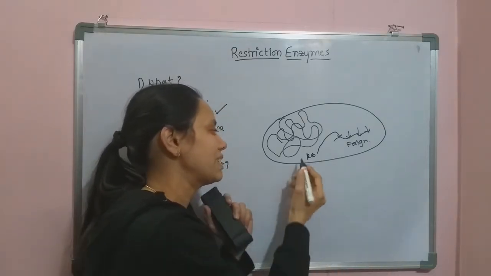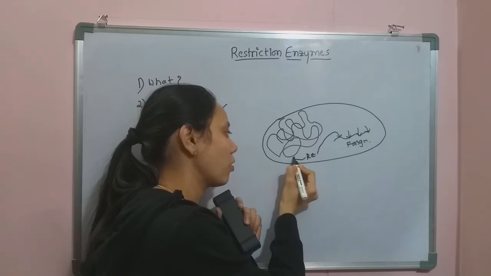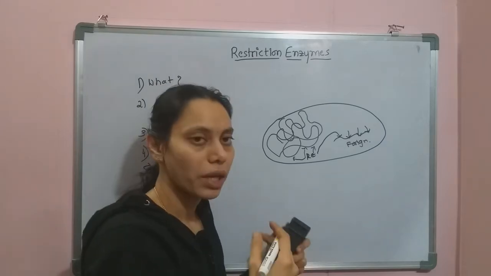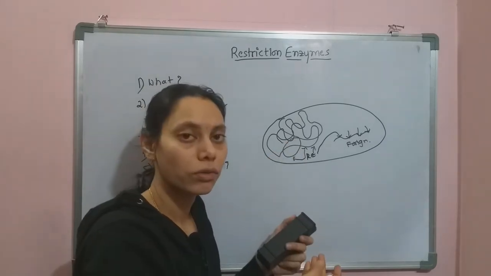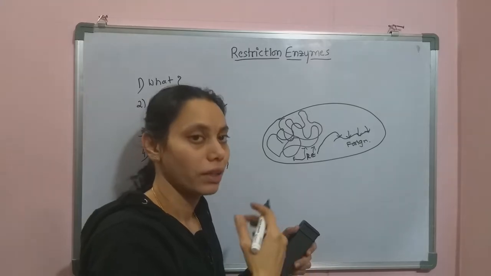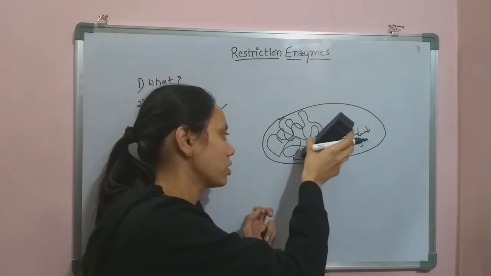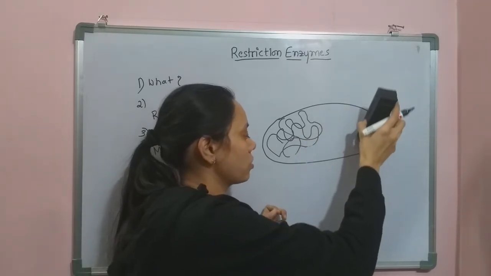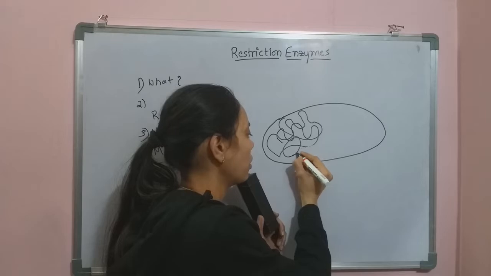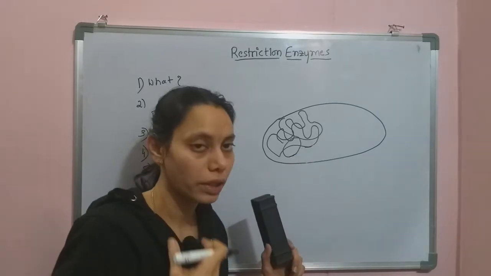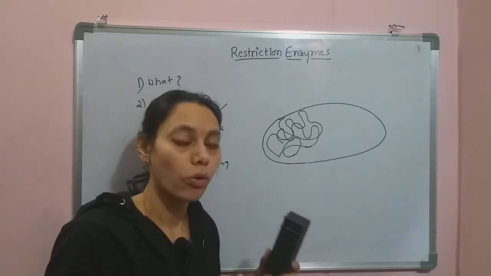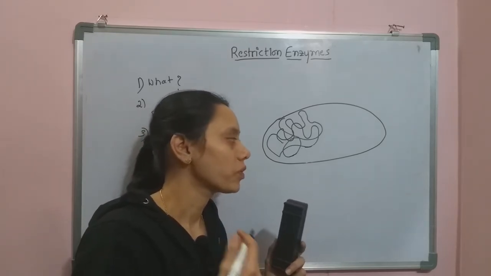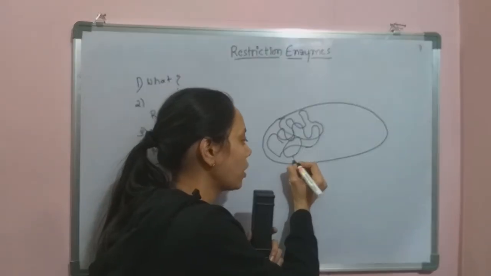So what if these restriction enzymes are also active towards the genomic DNA? They may cleave the genomic DNA also, but that is not the actual case, because these restriction enzymes are not active towards the bacteria's own DNA. The bacterial own DNA is protected from restriction digestion due to the presence of methyl groups.